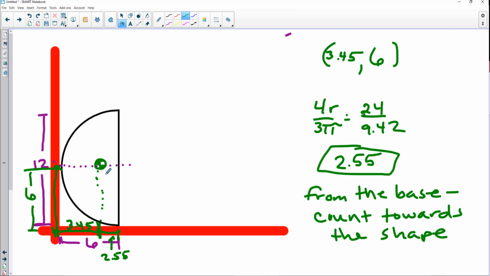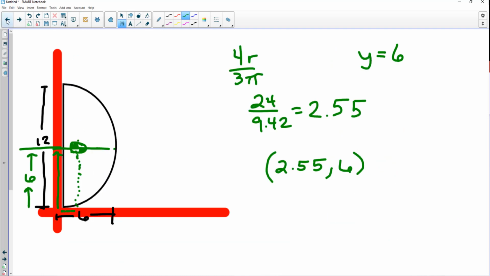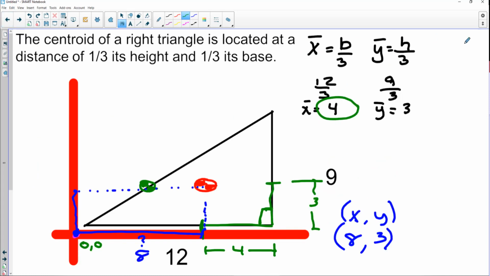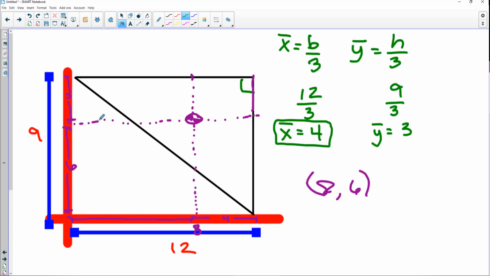And then the other thing to remember would be for right triangles, that when you use this equation, you have to always count from the right angle. So this distance is the distance towards the shape from the right angle.